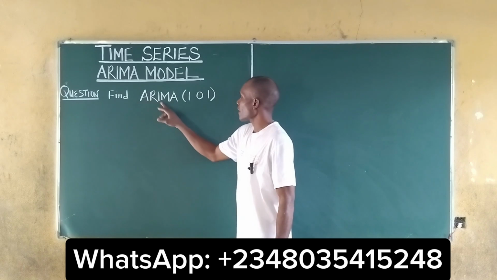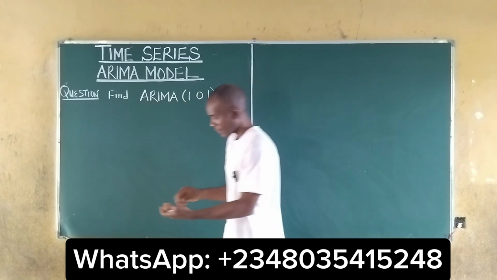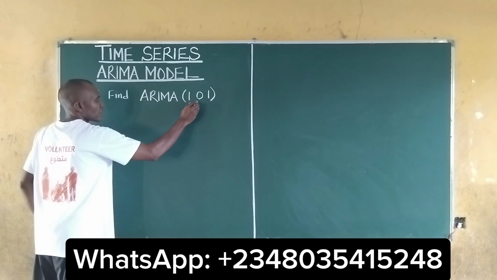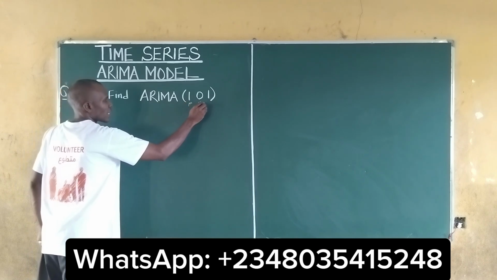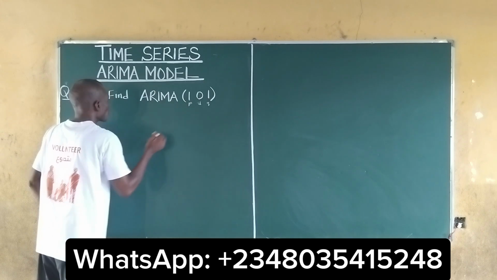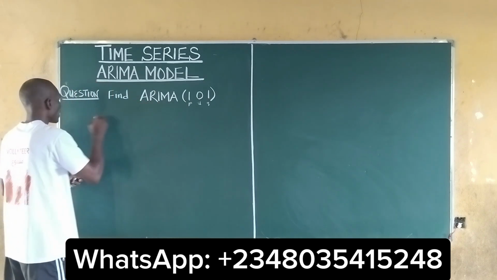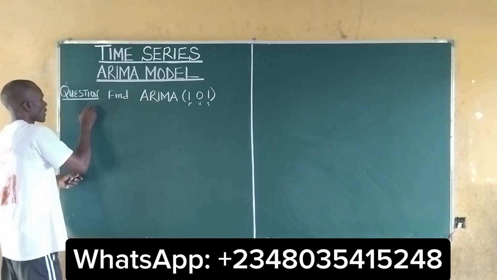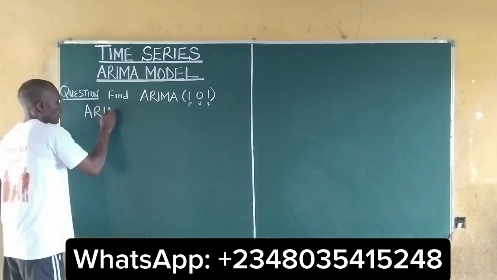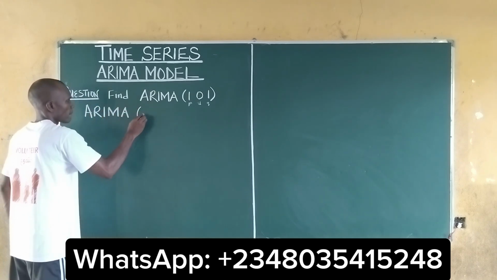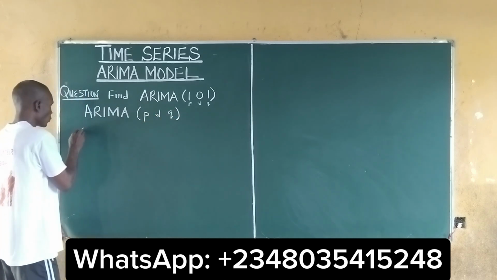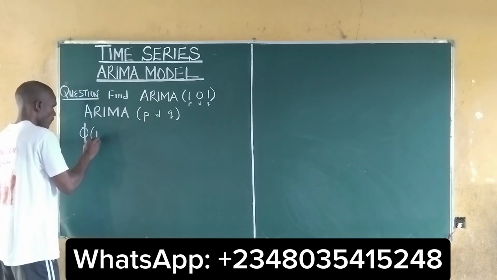Here we are asked to find ARIMA(1,0,1). Of course, we note that this is our p, this is our d, and this is our q. So if we write the model for ARIMA(p,d,q), it is equal to φ(B).